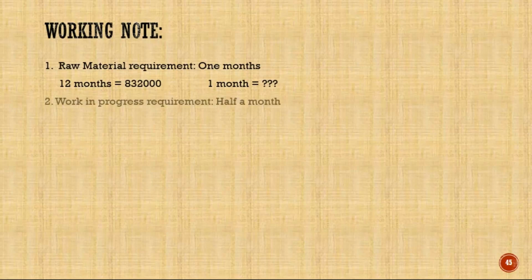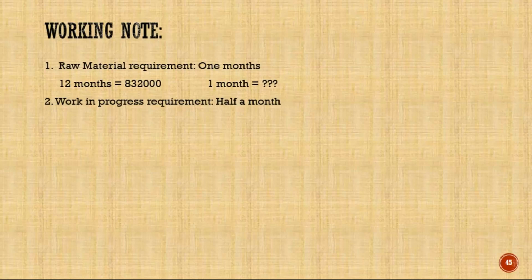Then second is work in progress requirement, half a month. Here I already told you in the earlier example that we have to consider all the three components of total cost while calculating WIP requirement, that is material, labor and overhead. Again, one thing we have to keep in mind is that raw material requirement will be 100% of the period.